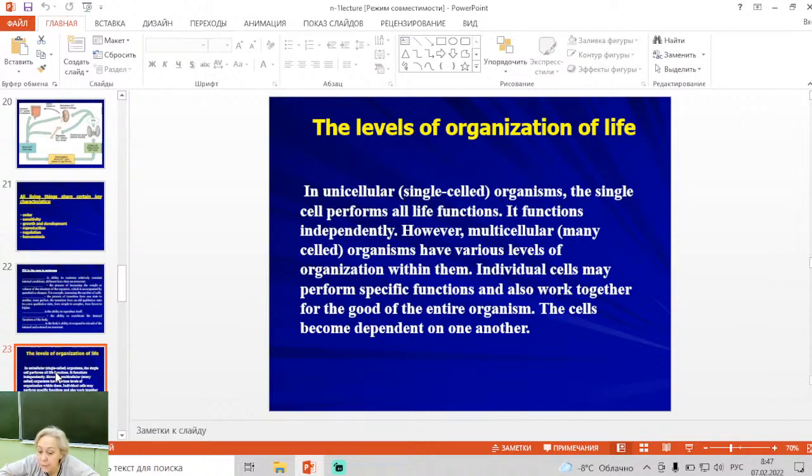However, multicellular, many-celled organisms have various levels of organization within them. Individual cells may perform a specific function and also work together for the good of the entire organism. The cells become dependent on one another.